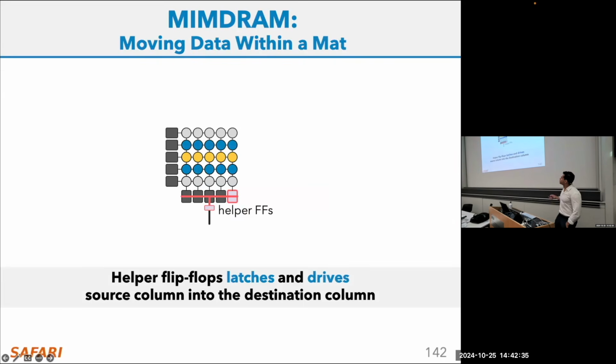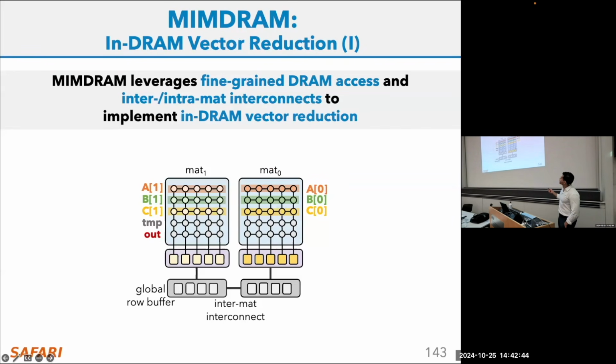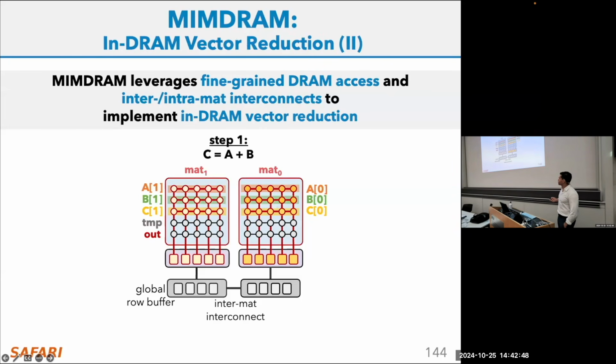Okay, so basically we use the help of this intra-mat network to perform in-DRAM reduction operations. What we are doing here is implementing a reduction tree. Let's say that you want to reduce the addresses of A and B into a single scalar.